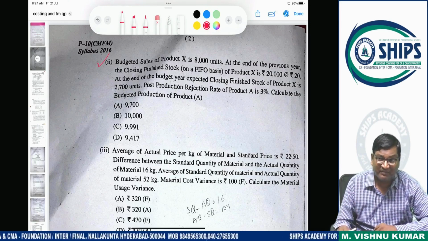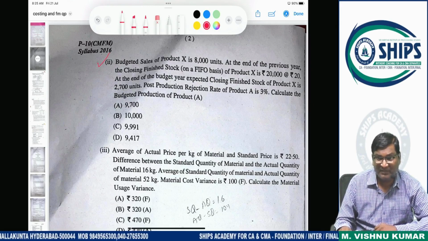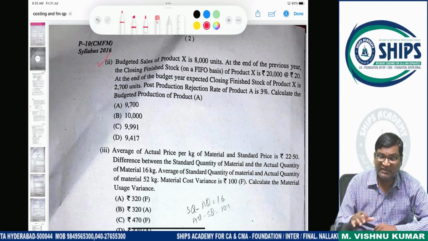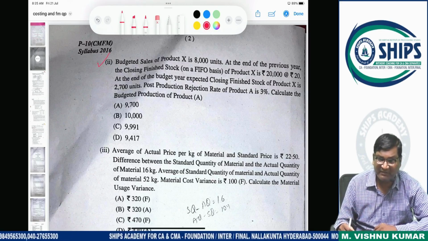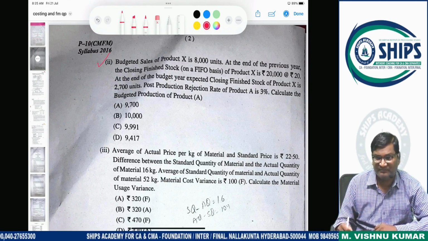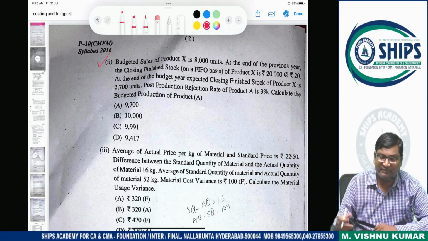But from previous attempts onwards, the institute is generally testing one area, that is wastage. It means from sales plus closing stock minus opening stock, we will get production, but this production is a net production. It means from this already wastages have been removed.